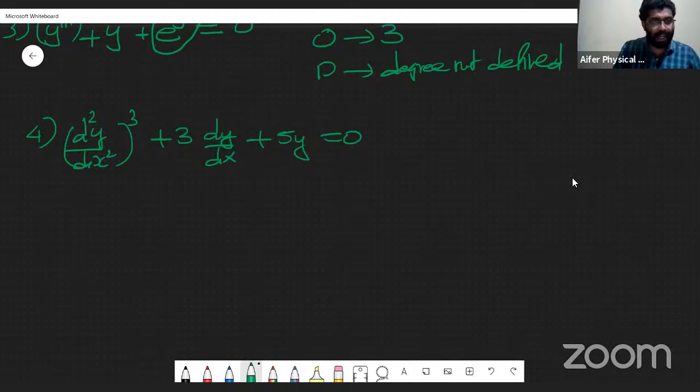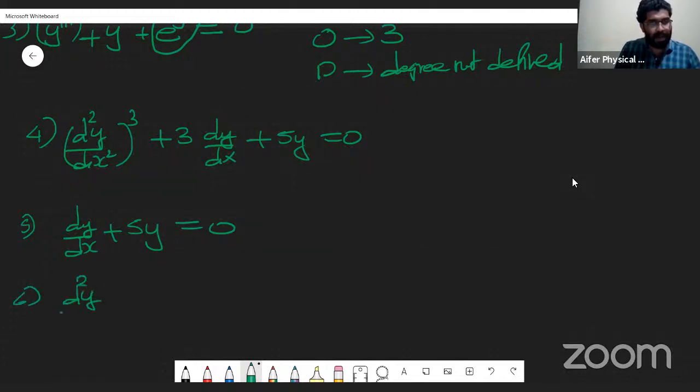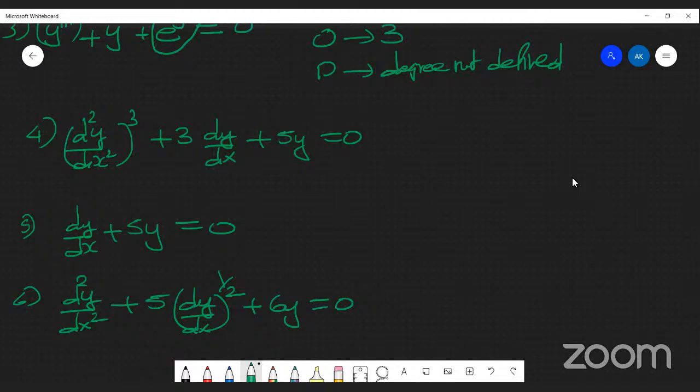Okay, you just try. I will discuss one by one. Second: dy by dx plus 5y equal to 0. Third: 6 d square y by dx square plus 5 dy by dx, whole power 1 by 2. Something different here. Plus 6y equal to 0.